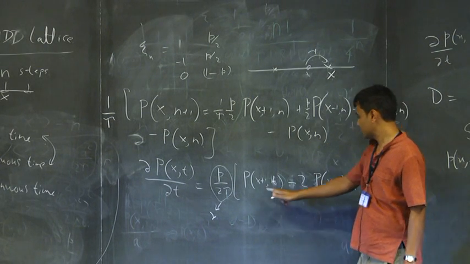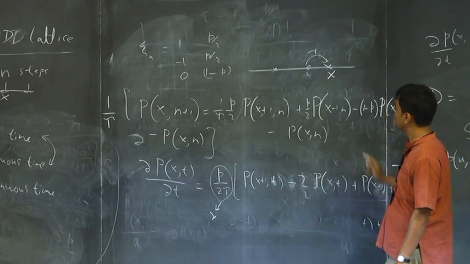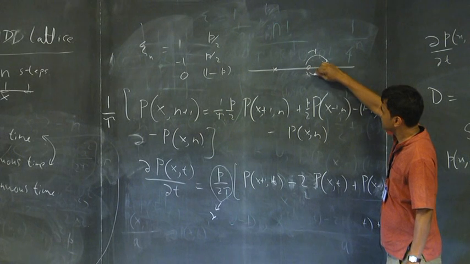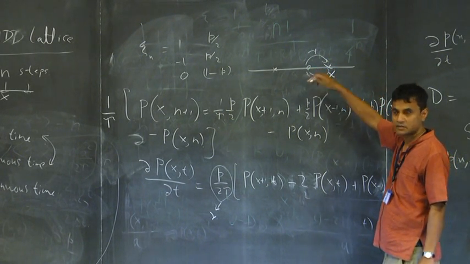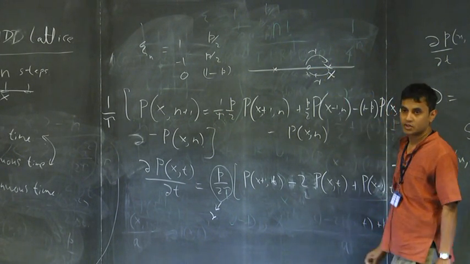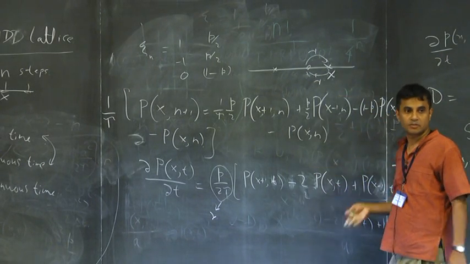Okay, so there are two gain terms, r times this, and then there is a loss term, because things are going out at some rate, right?